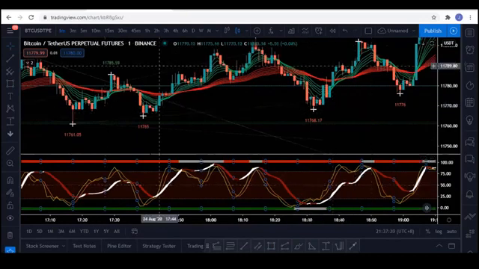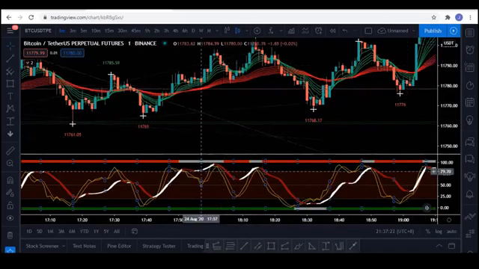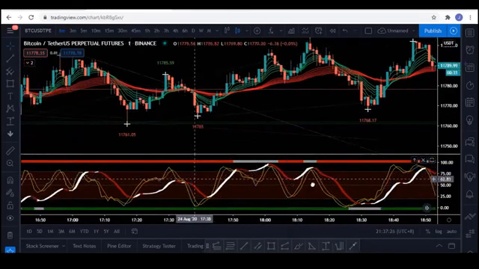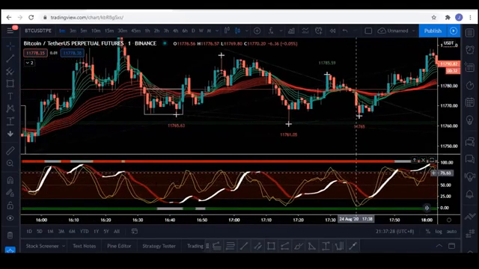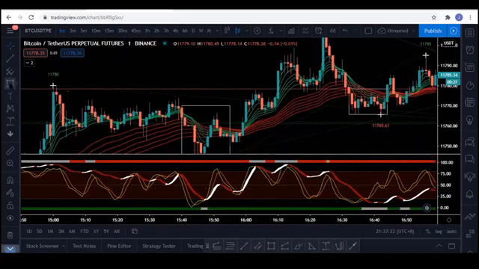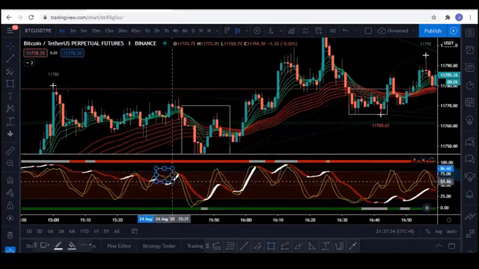But in our signal, in our shadow, you can see a lot of fake crossovers here. For example, let's find a fake crossover. Like here, this one. This is a fake crossover.